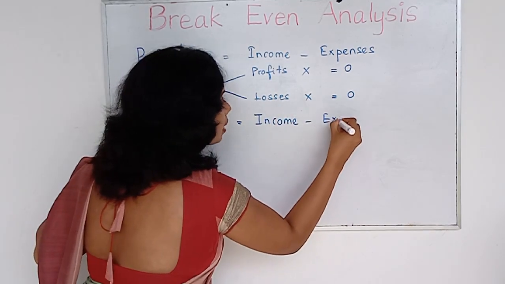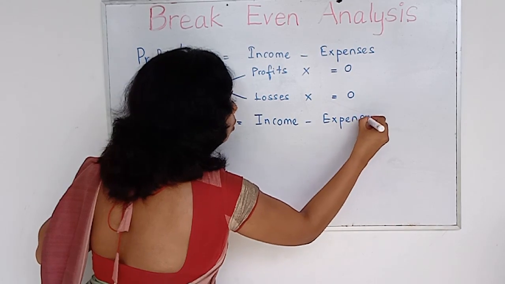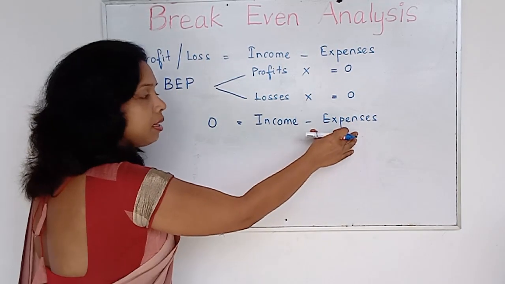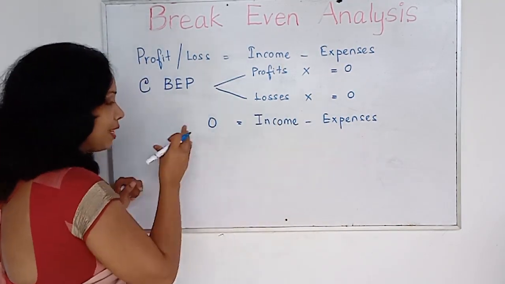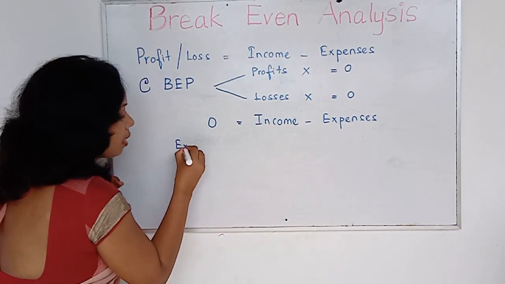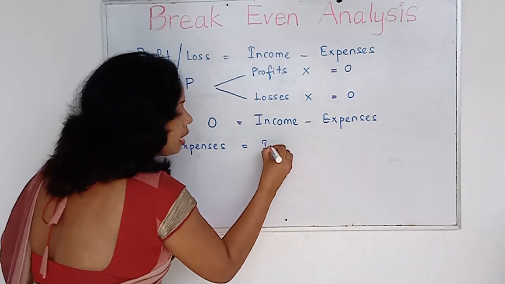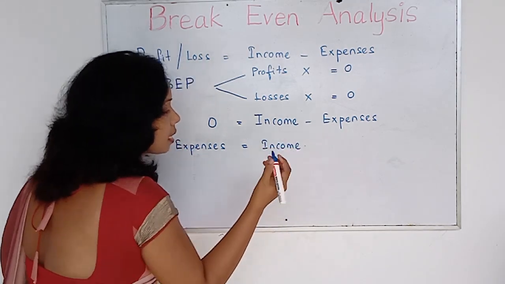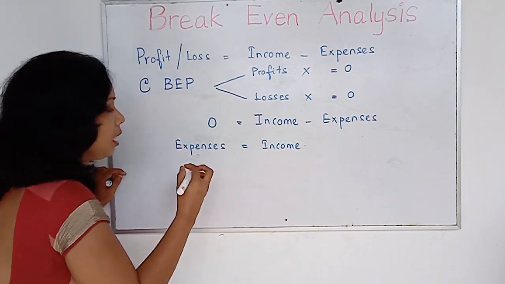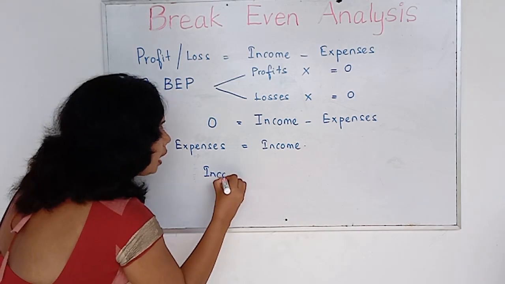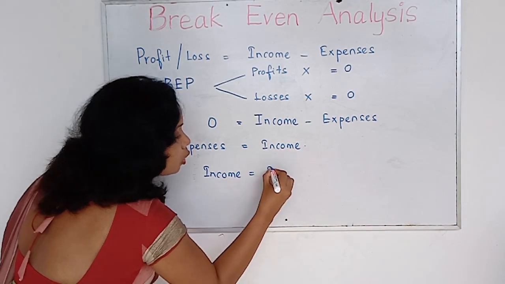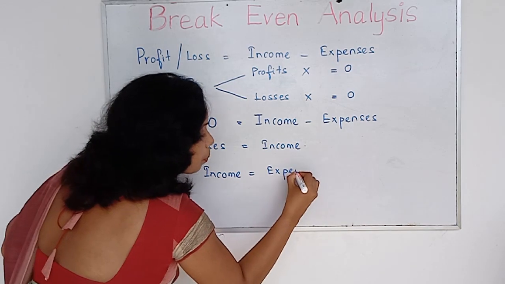minus expenses. Now what I am going to do, I bring this minus expenses to this side. Now what happened? Expenses equal to income, but I write it in a familiar way. What is that? Income equal to expenses, right?